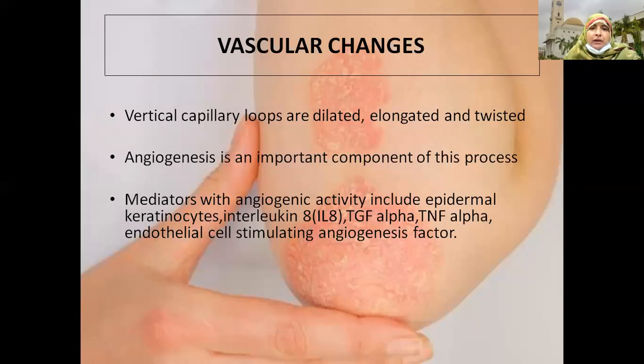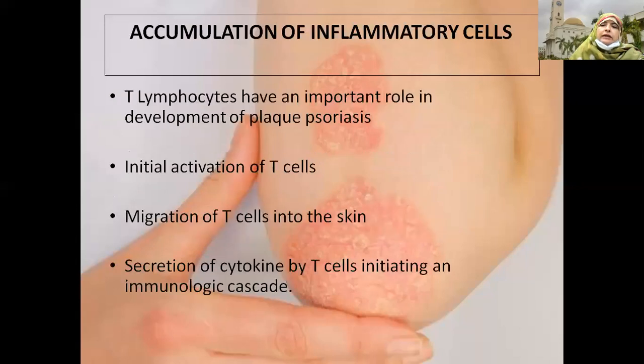Angiogenesis is an important component of this process, and this is mediated by certain factors like epidermal keratinocytes, interleukin-8, transforming growth factor alpha, tumor necrosis factor alpha, endothelial cell stimulating angiogenesis factors, and so on. And finally, as a result of this blood supply, there is accumulation of inflammatory cells in the dermis.